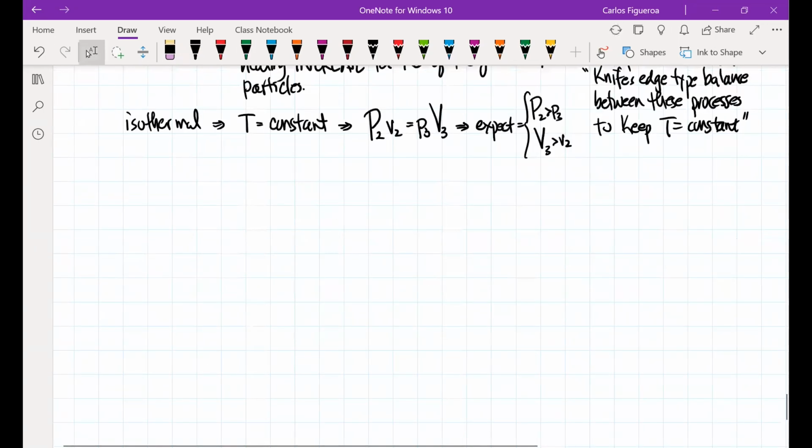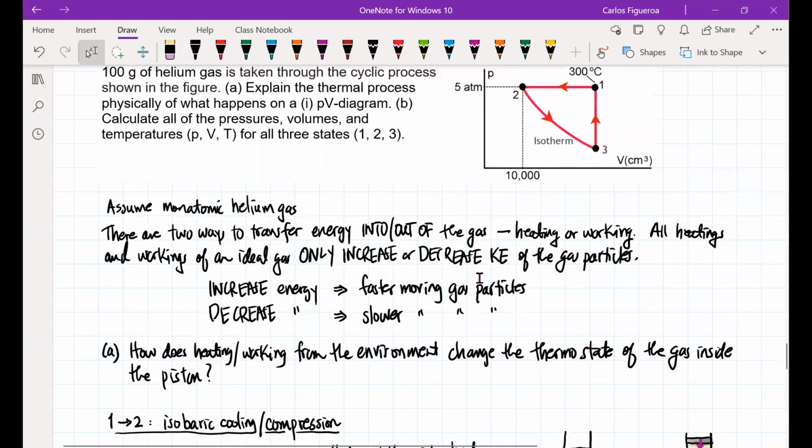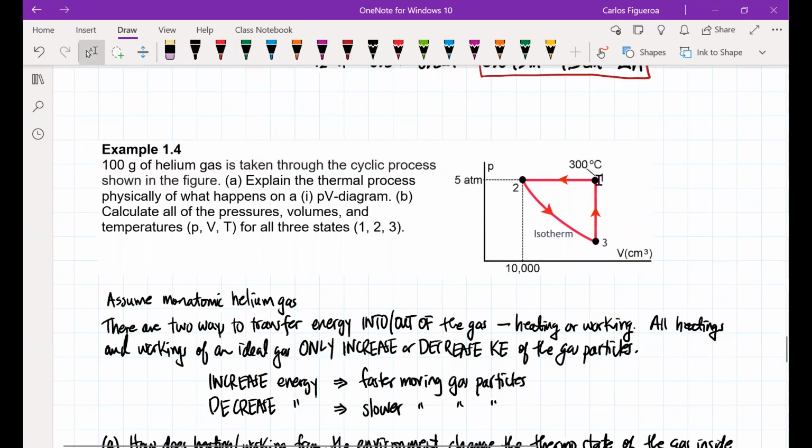So now we're at our last one here. And when we look at our last one, we then have isochoric. I'm going from 3 to 1, and I'm moving in a straight line at constant volume.